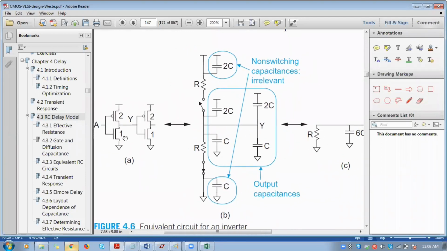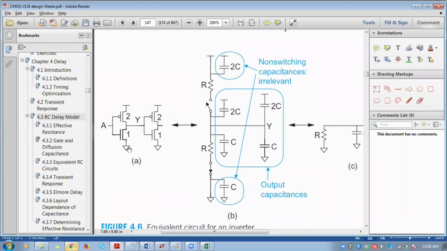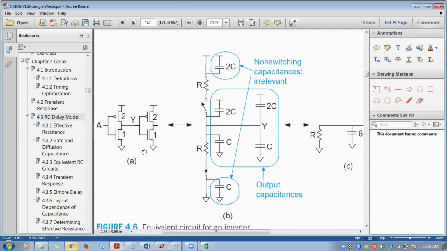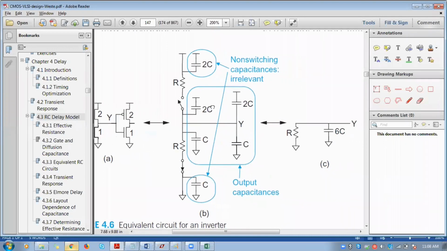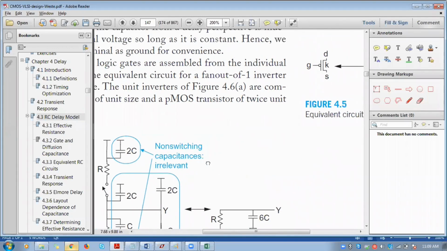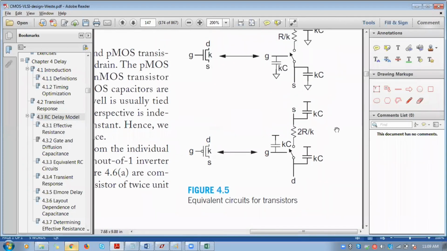That's why two inverters of the same kind are cascaded, so that we can calculate the delay of a particular inverter. Here the first stage depicts the output capacitance and the second stage depicts the input capacitance. This circuit is obtained by combining these two.